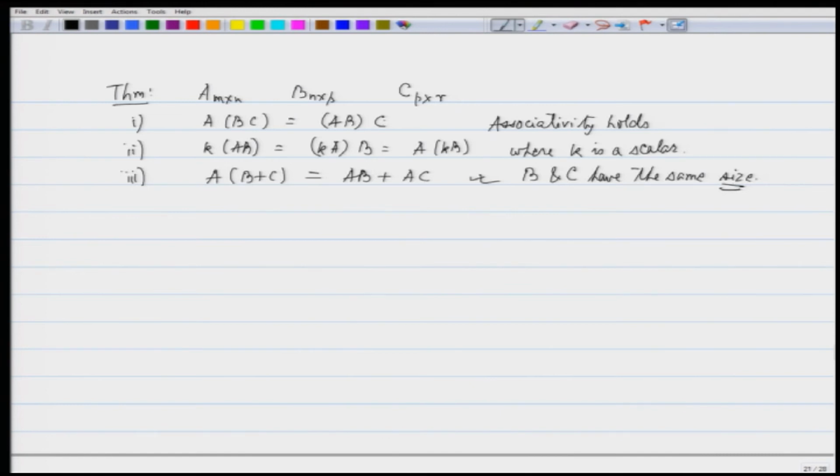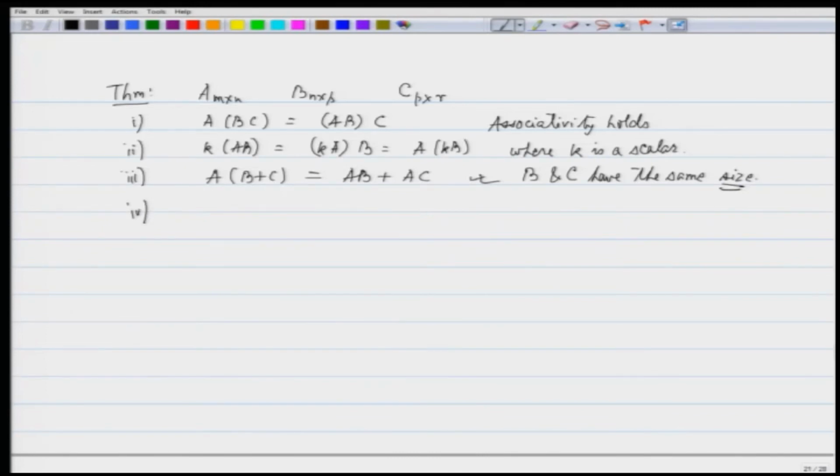There will be times when I will not state the size of the matrix, but when I write the matrix product, you will have to assume that the sizes make sense, so that the matrix product makes sense. Also be careful: if the sizes of the matrices match to define a matrix product, then you will surely get some nice result or the other. Wherever the sizes are compatible, you can define the matrix product, and you are bound to get something nice.